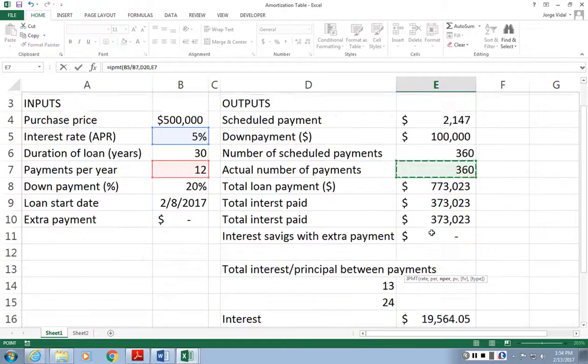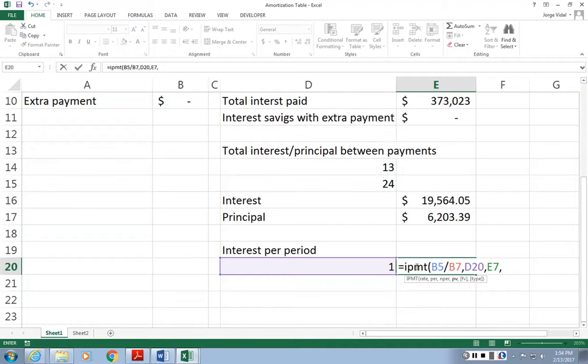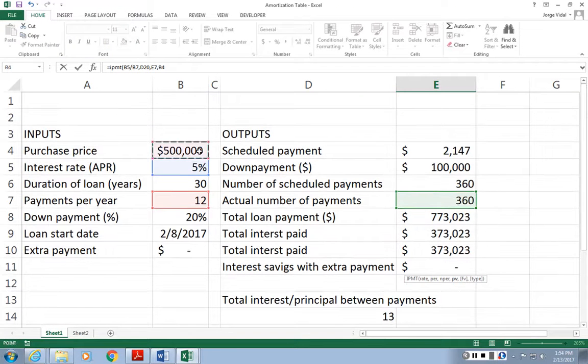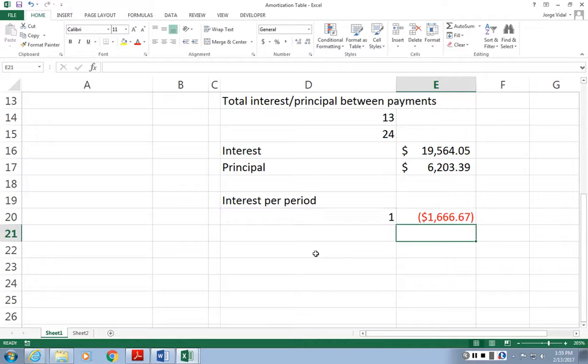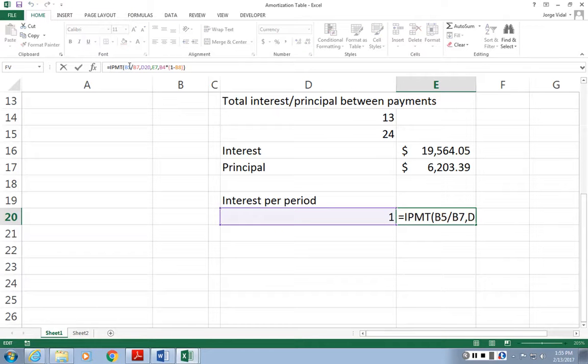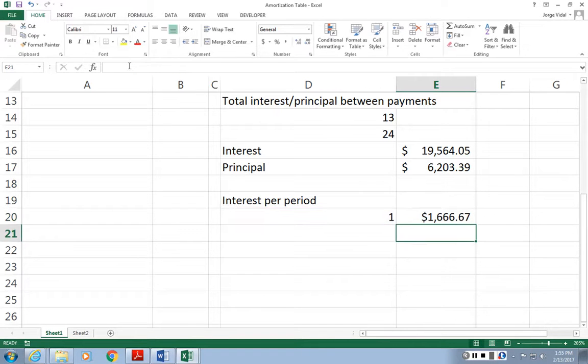Actual number of payments, present value. And this function does give you the option that you don't have to input the future value, and you don't have to input the type. So in your first month, that's how much money is applied to interest.